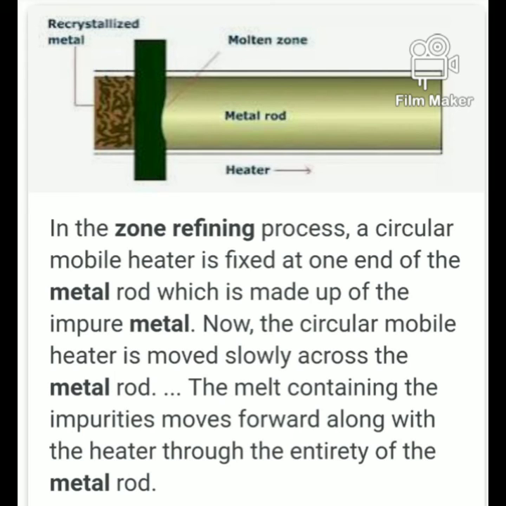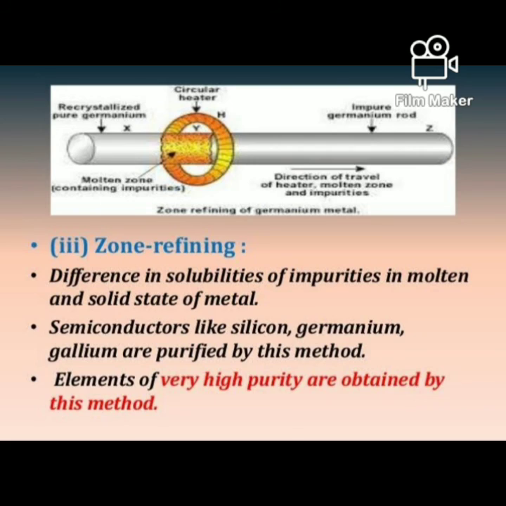The impurities are more soluble in the melt, so they flow along with the heater. The melt containing the impurities moves forward along the heater through the entire rod. So in zone refining, we use the difference in solubilities of impurities in the molten and solid state of the metal.